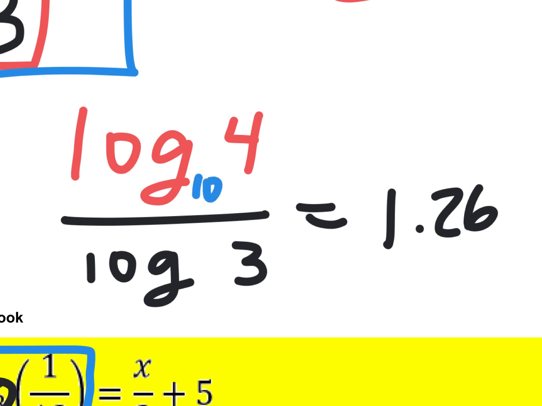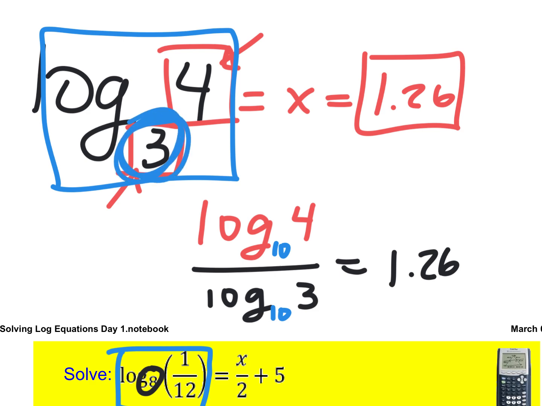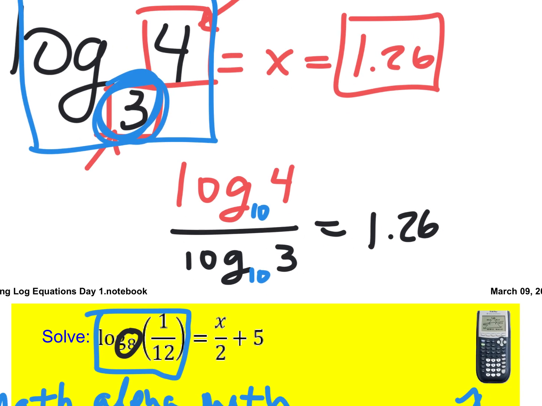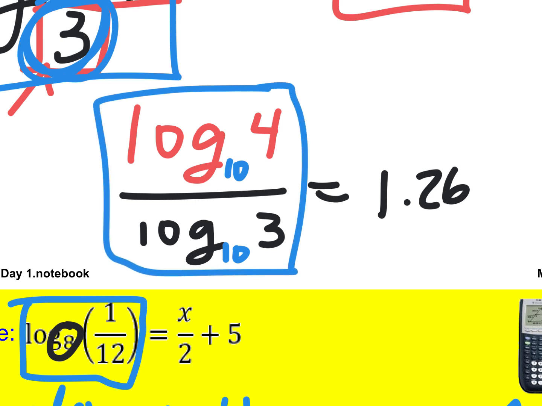Base 10. If you just hit the log key, you're not saying a base, that means you're doing base 10. This one has a base of 3, right? But yet, when the kid types this into their calculator, they both are in base 10. So that's called a base change.